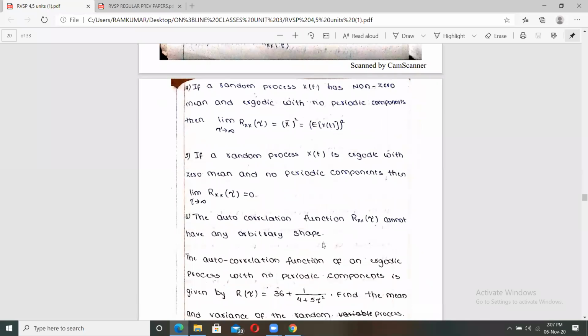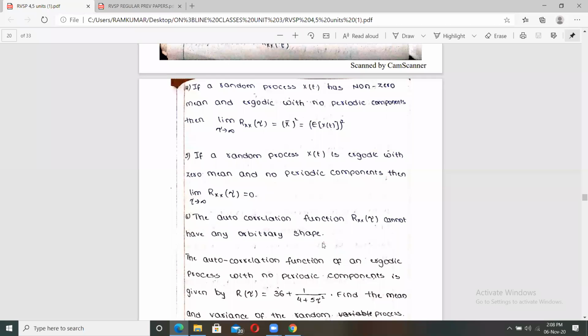And the fourth one is, if a random process x of t has non-zero mean and is ergodic with no periodic component, then R of infinity is equal to E of x of t whole square. This is a very important property and a very important formula.